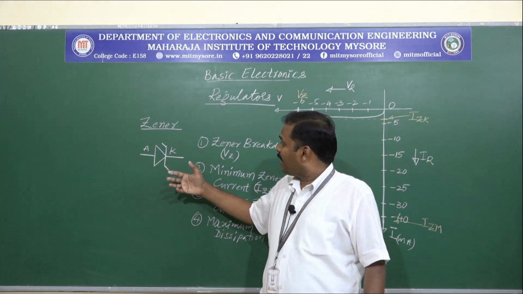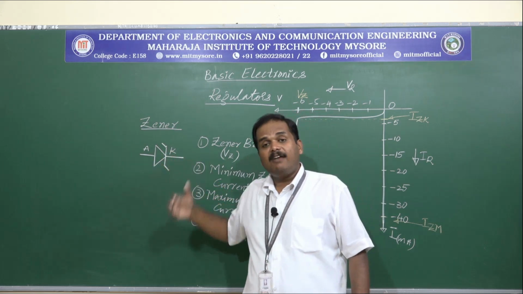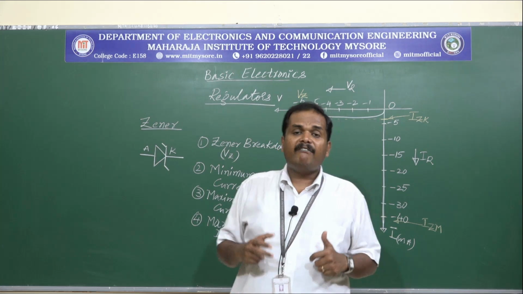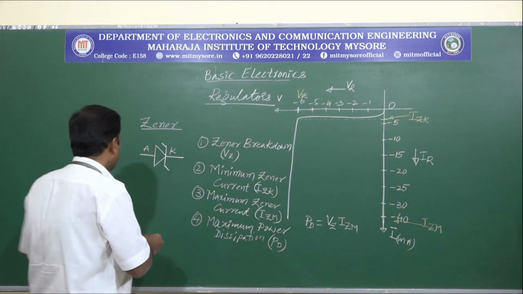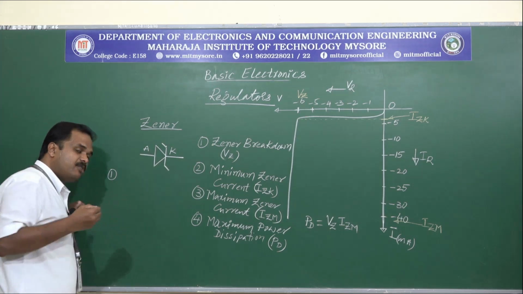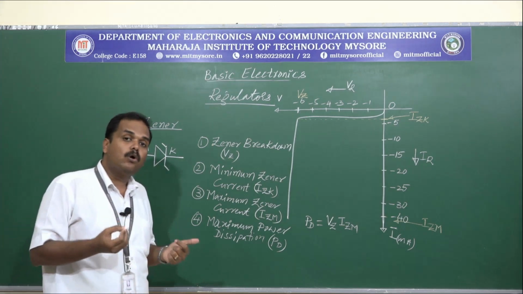Now let us understand how a Zener diode can be used as a regulator. Here we have two conditions. Condition number one is when there is no load connected, and condition number two is when there is a load connected.